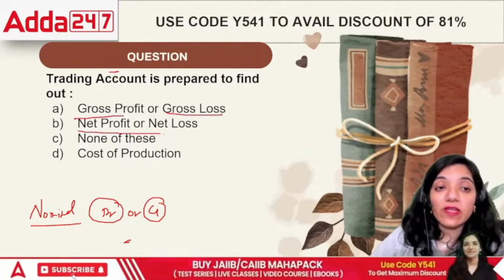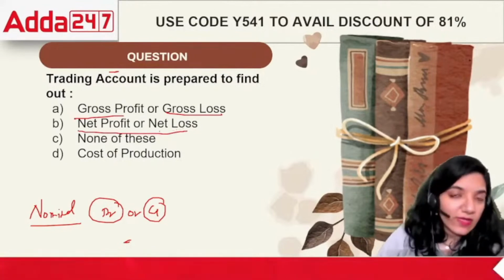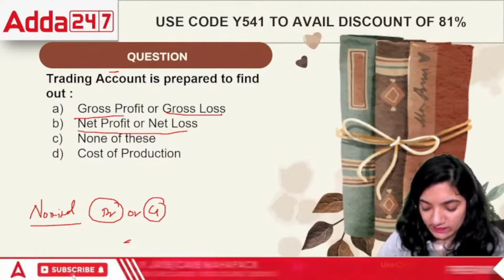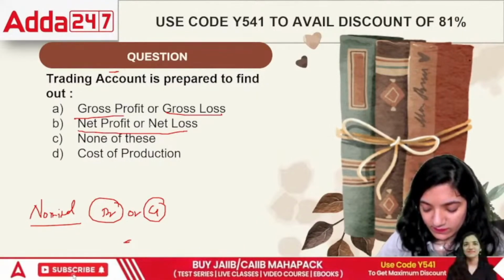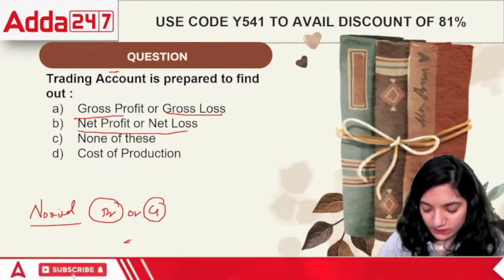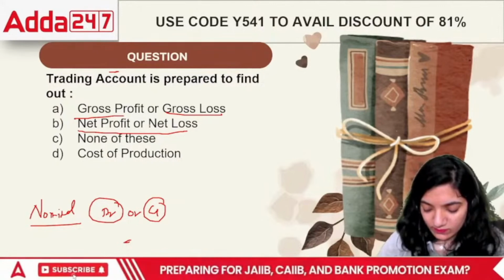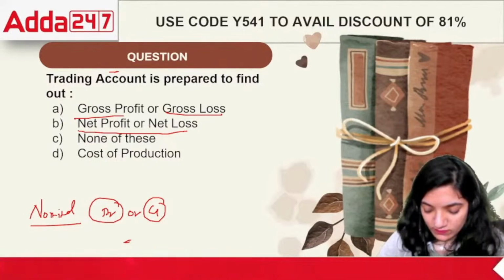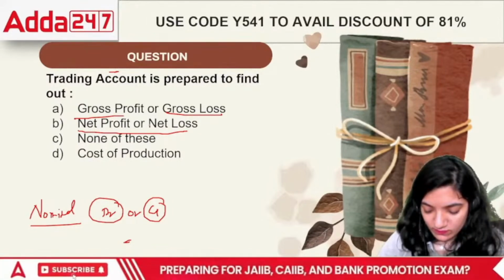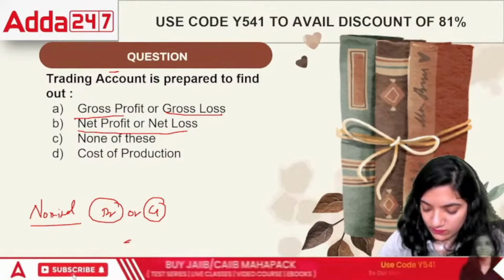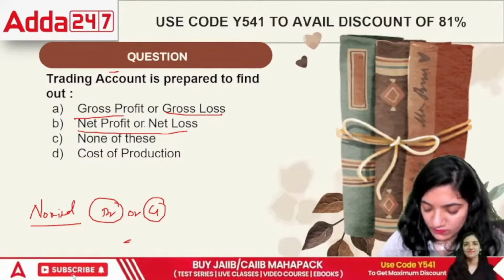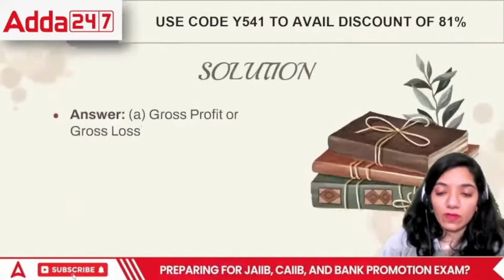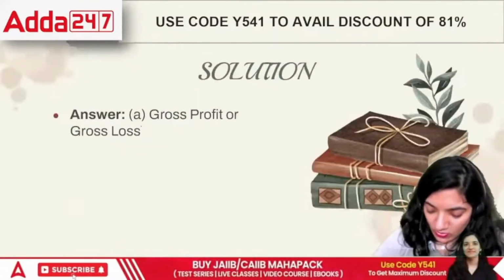For the profit and loss account, it is NP or NL, that is net profit or net loss. The correct answer is GP or GL.